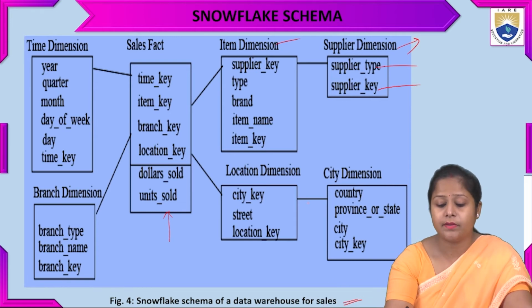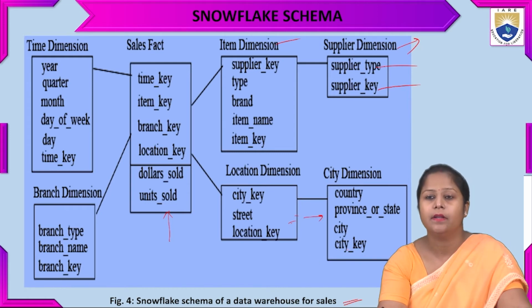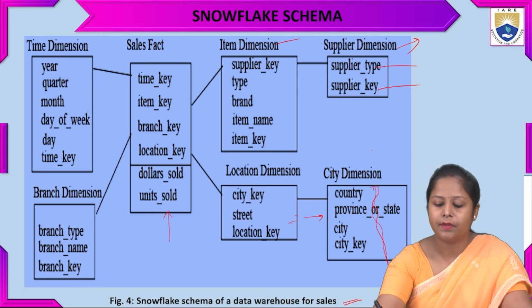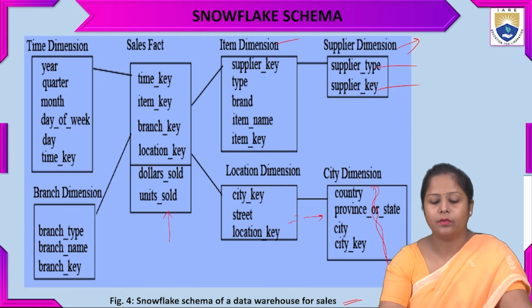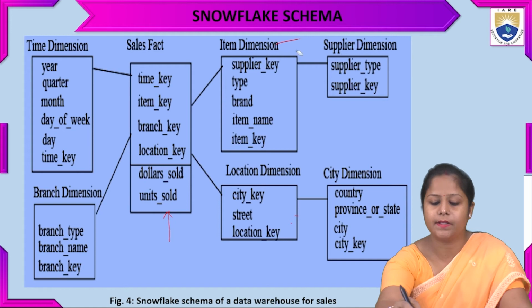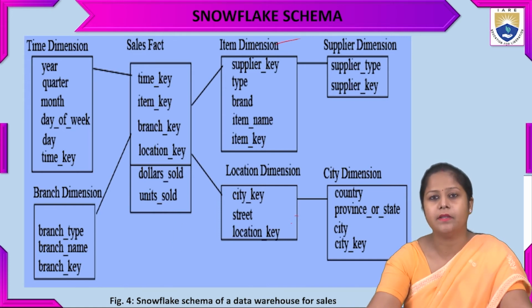The location dimension is again splitting into the city dimension, and these are the attributes this table has. That is nothing but the dimension table. So that is the difference between the star schema and snowflake schema. It looks like a snowflake, so the name came as snowflake.